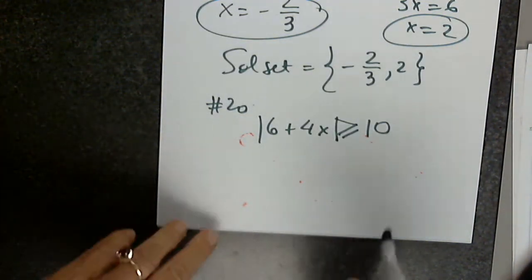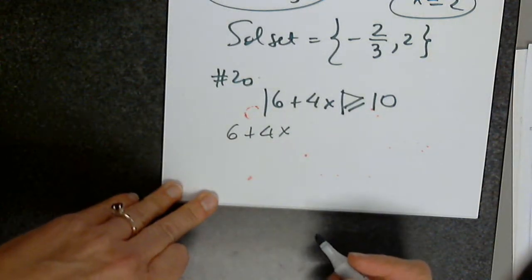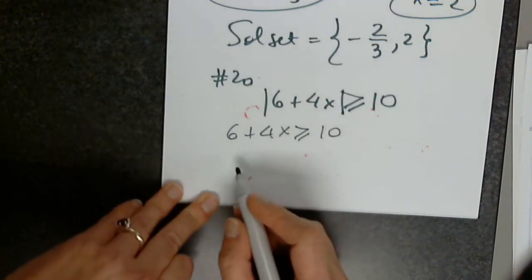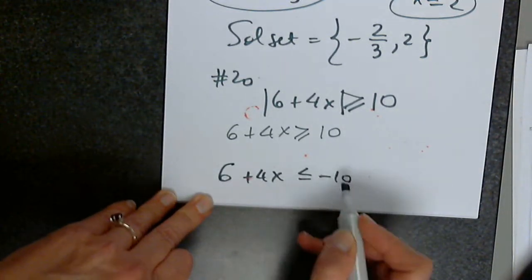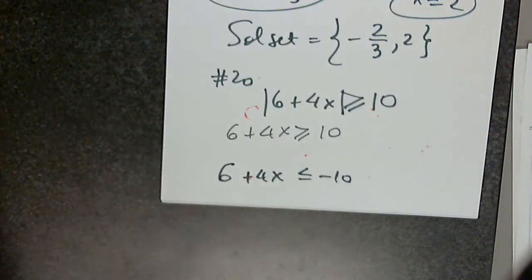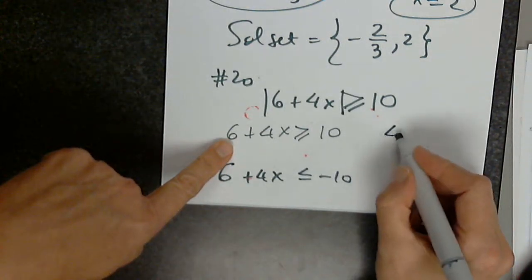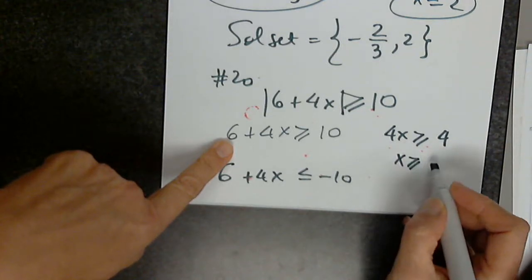So what do I write? 6 plus 4x. Excellent. And the other one? Exactly. You cannot include anything between negative 10 and 10. Excellent. So then I will have to subtract 6 first. So 4x greater than or equal to 4. And then I will have to divide both sides by 4.